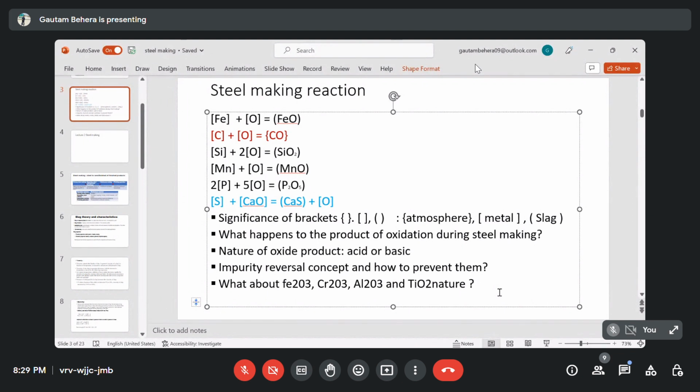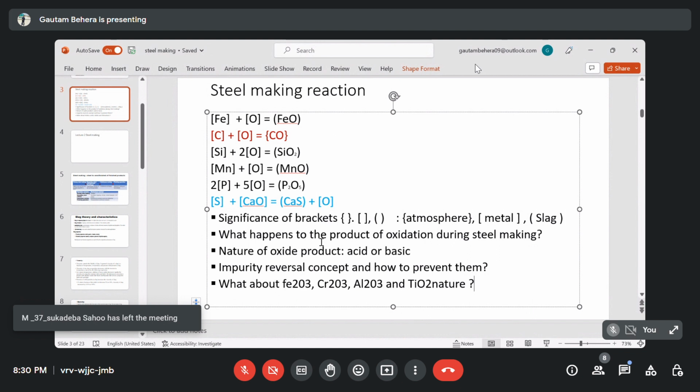Because we are purging oxygen into the molten iron, obviously the impure molten iron, and we are generating oxides out of that, because the molten iron contains a lot of impurities which preferentially or selectively react with oxygen to form oxides. And I told you about the nature also, whether they are acidic or whether they are basic.